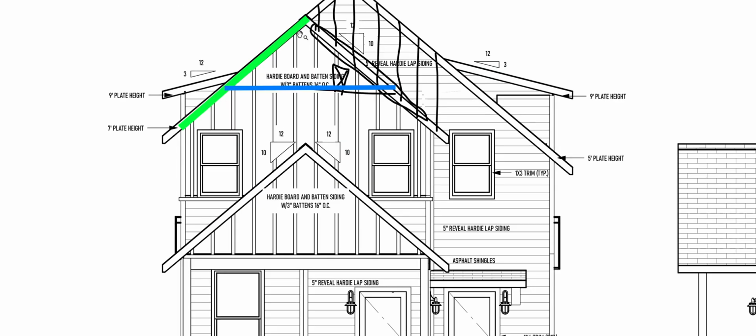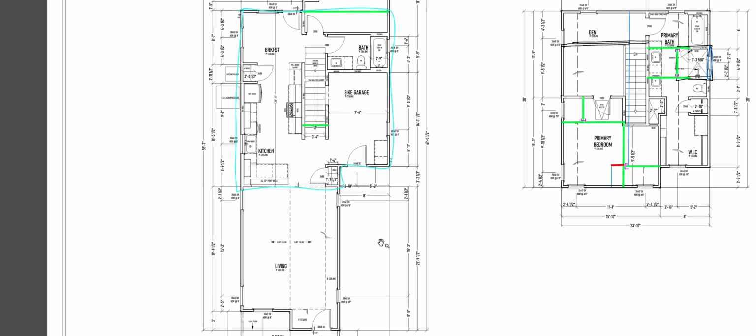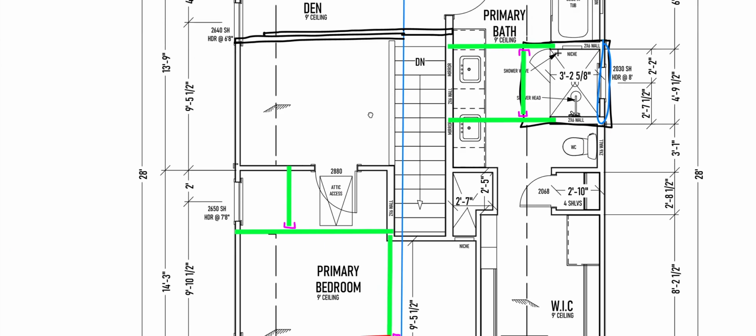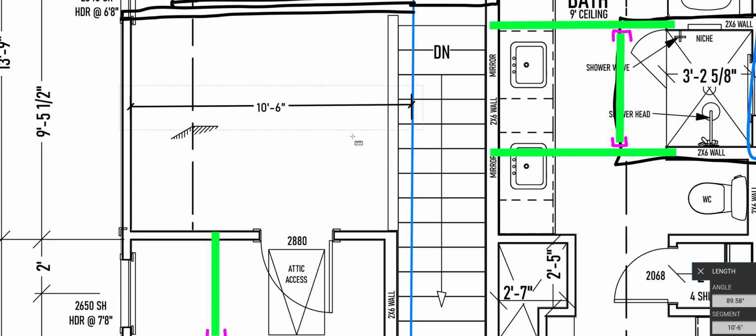First I need to know the distance horizontally from the wall to my ridge. So I'm going to go back to my floor plan for that, and I'm going to measure inside of wall support to the ridge: 10.5 feet. Perfect.